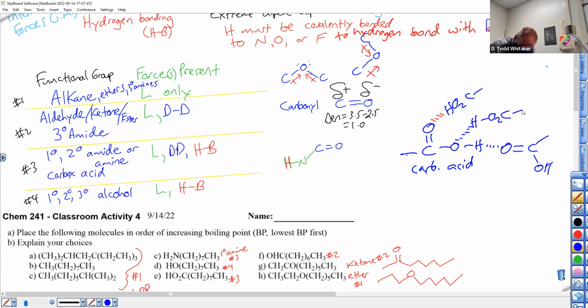You can't do that much with alcohols because it can only hydrogen bond this way to another alcohol or this way to another alcohol.